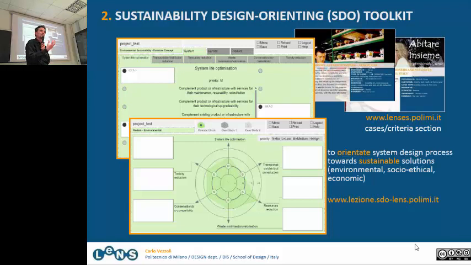In fact, it is composed of different tools inside, but anyhow it helps during the process to analyze the existing system in qualitative terms and identify priorities, as one step; then to brainstorm and generate ideas oriented towards sustainability, in our case even sustainability in distributed economy; and then a third thing, to check the sustainability of the concept we have developed, which could be at different stages.